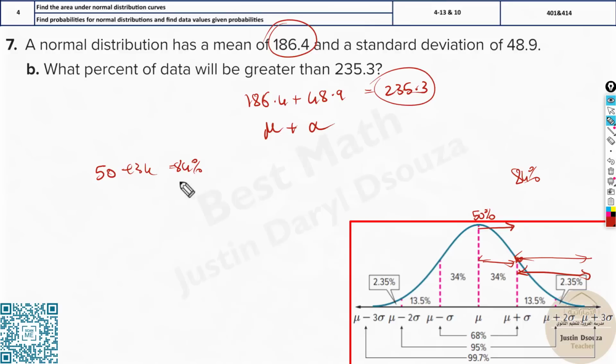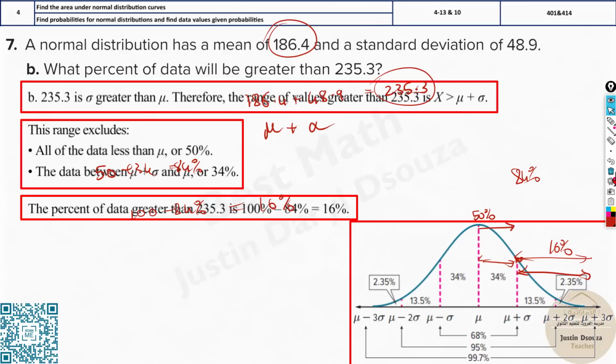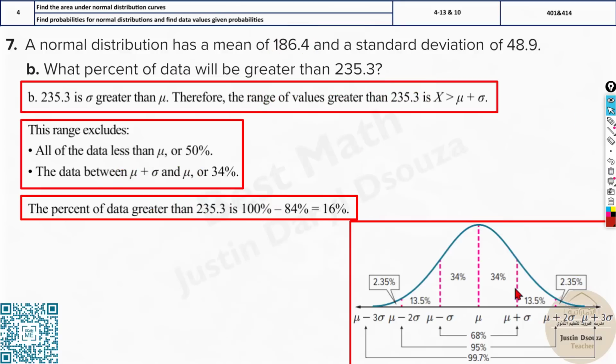So 100 minus 84% would mean 16%. So any value greater than 235.3 will be within the range of 16% only. So that is the answer. It's 16%. 50 plus 34 is 84, minus from 100, so you get the remaining data.